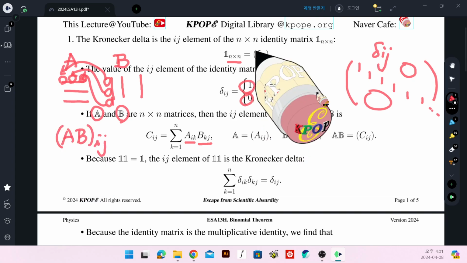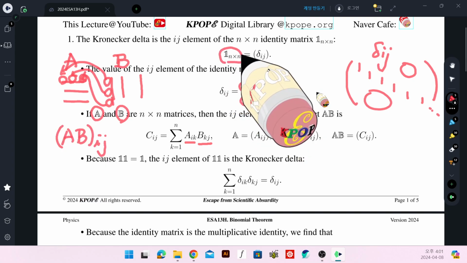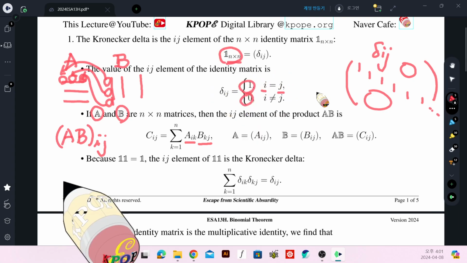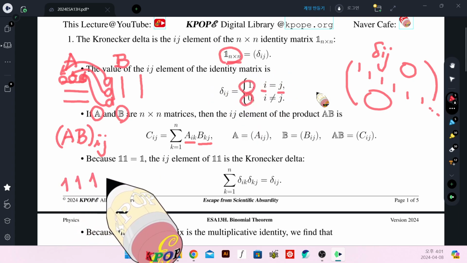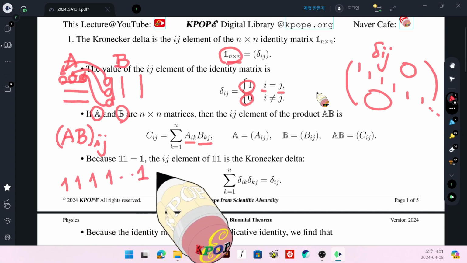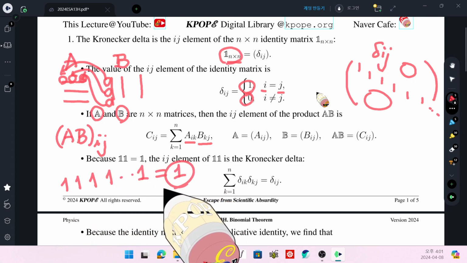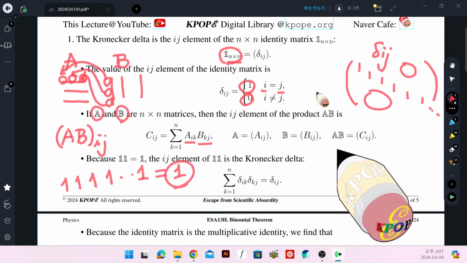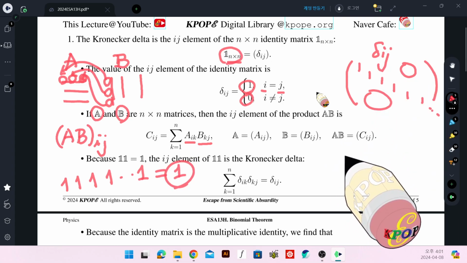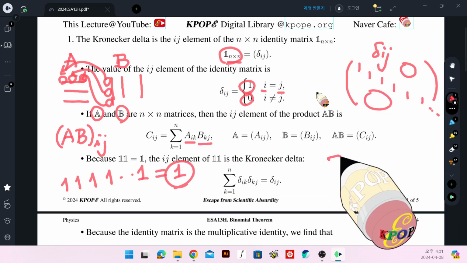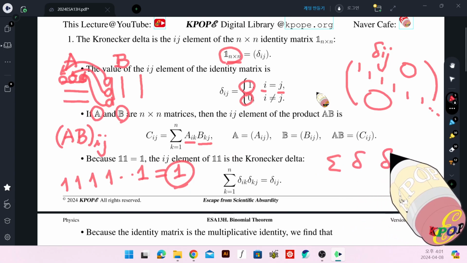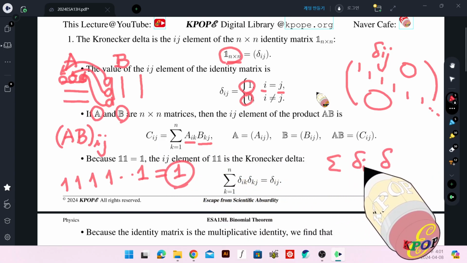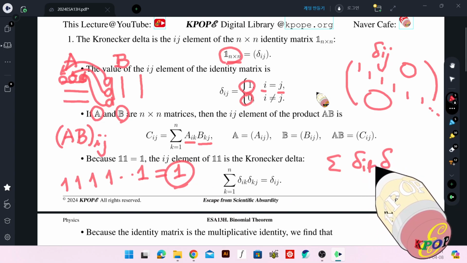By the way, if I want to make use of the identity matrix, any multiplication of identity matrices will give a single result because it is a multiplicative identity. If I want to multiply two identity matrices, what I have to do is multiply two factors, the i k element, that means the k element.